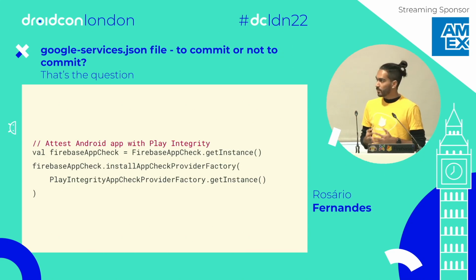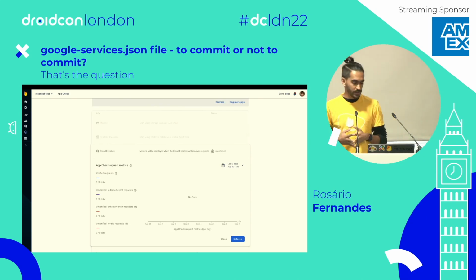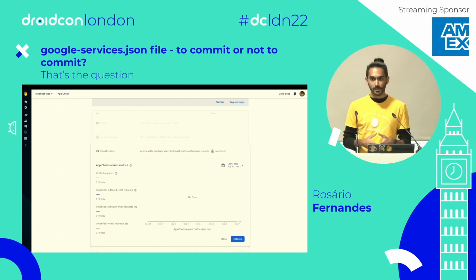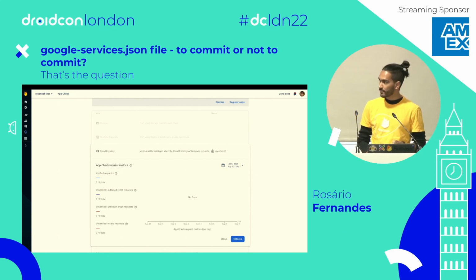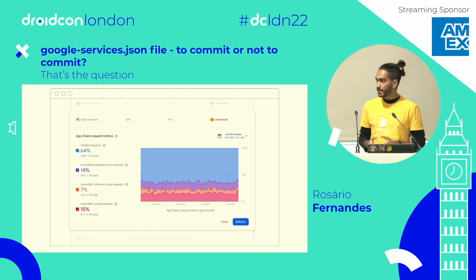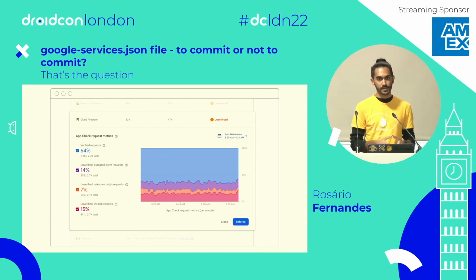Once you do both of those, then you'll be able to go to the console and you'll probably see a screen that looks like this. So in this case, I'm looking at Cloud Firestore, and this gives you some metrics about how many requests are coming to your backend. So you get some data in there about how many requests have been verified to contain that token that App Check is sending along in your app.